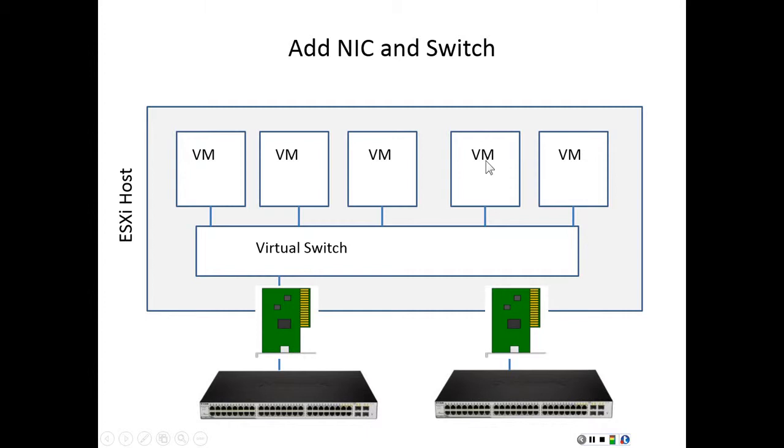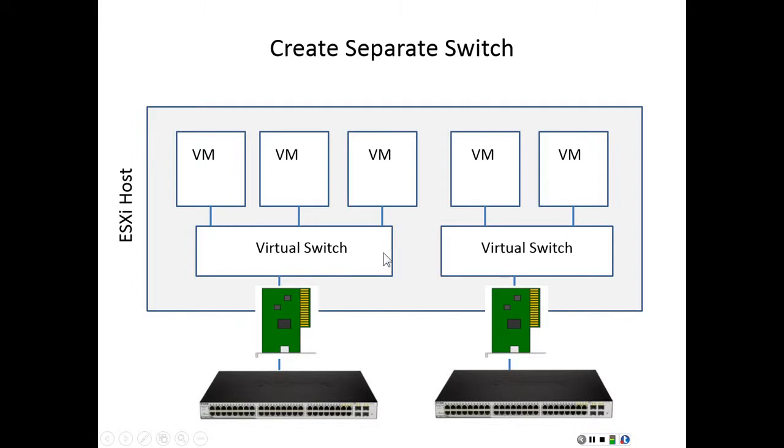And what I want to do is to have the virtual machines on the right connected to the network on the right, and the virtual machines on the left connect to the network on the left. And the way I would do that would be to create a second virtual switch. The virtual machines on the left would be connected to this virtual switch, which is connected to this physical network interface card, which is connected to this physical switch.